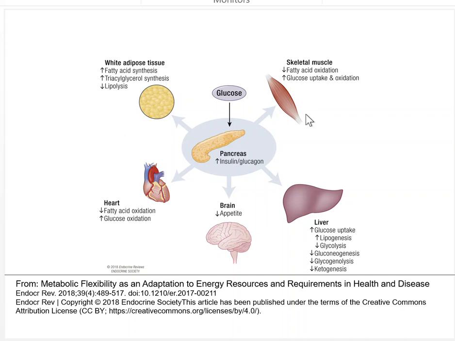And that tissue, especially in exercisers, can really be an important vehicle for preventing problems with insulin resistance.